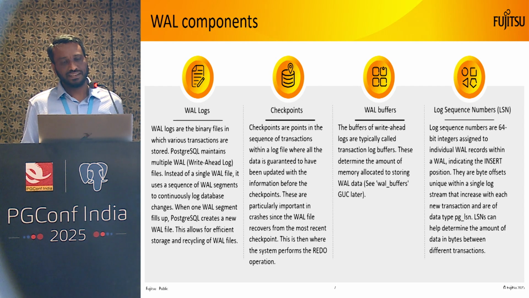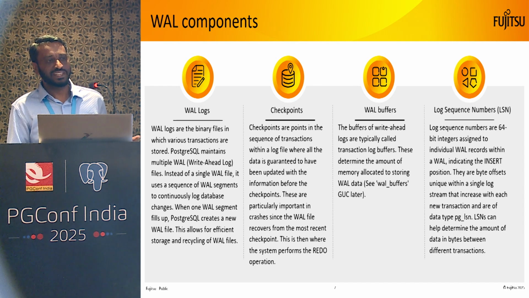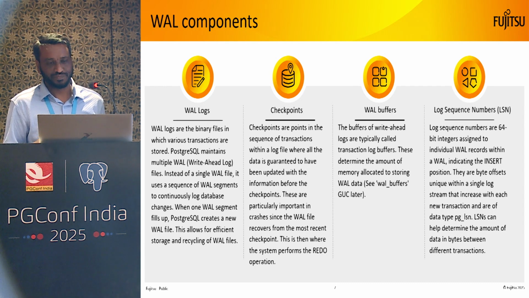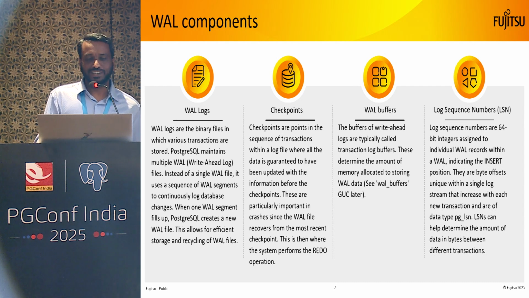Then we have checkpoints. With a checkpoint, we flush the dirty buffer contents to disk. Once we flush the dirty buffers to disk, we don't need the WALs anymore. That's why checkpoint comes into play for WAL. I'll get into more details about checkpoint slightly later.